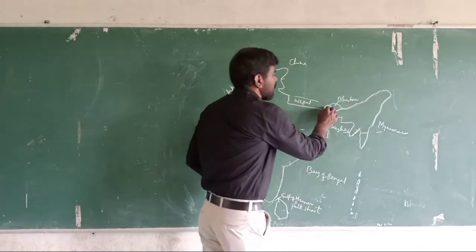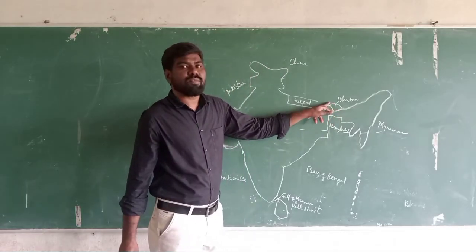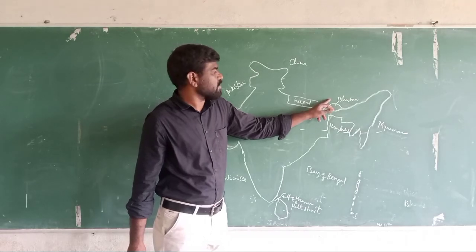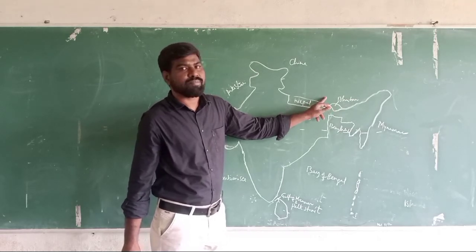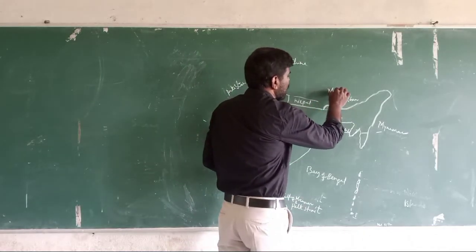Here, to the east of Bhutan, the crest of Great Himalayas acts as a dividing line between India and China. The line that divides India and China is McMahon Line.